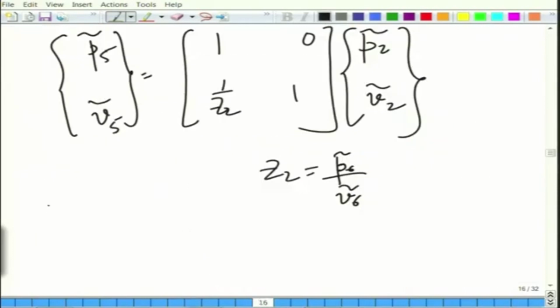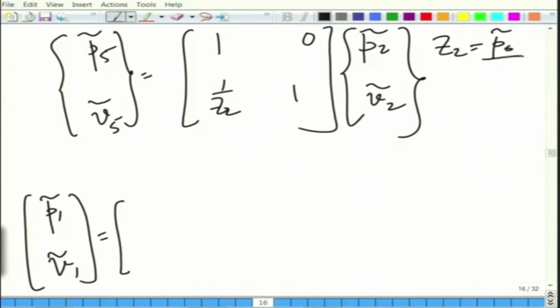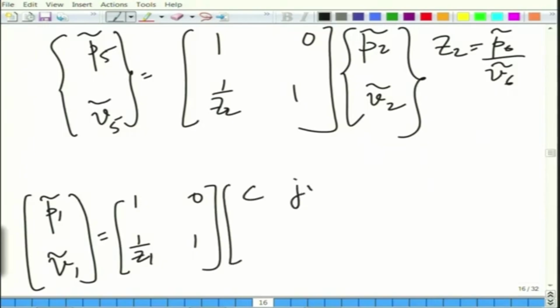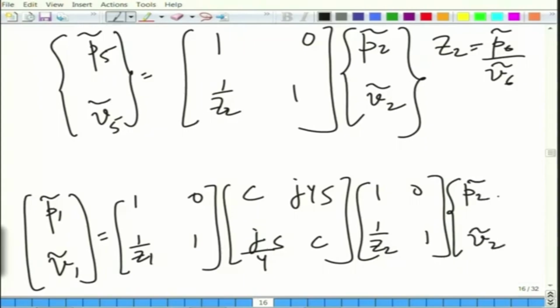What we basically get is P1 V1 equal to, let me write it in a very compact manner, Z2 is P6 by V6: [1, 1/Z1; 0, 1] times [C, jY sin; j/Y sin, C] times [1, 0; 1/Z2, 1] times P2 and V2.